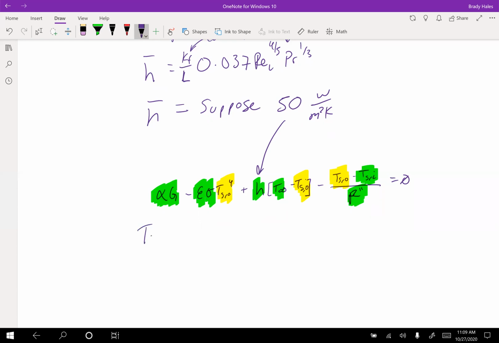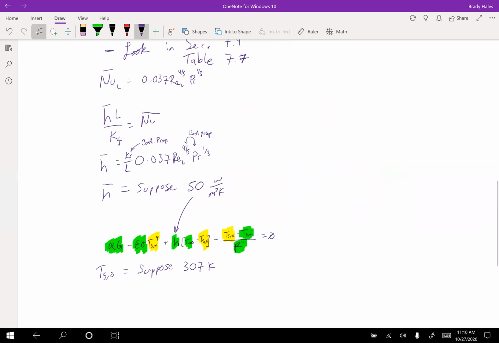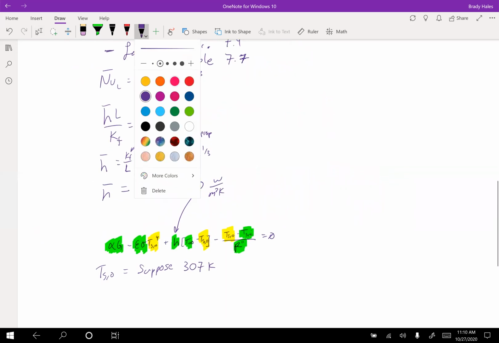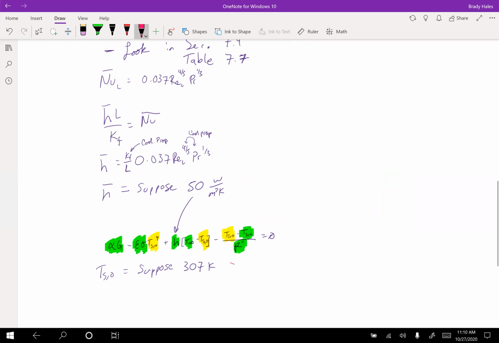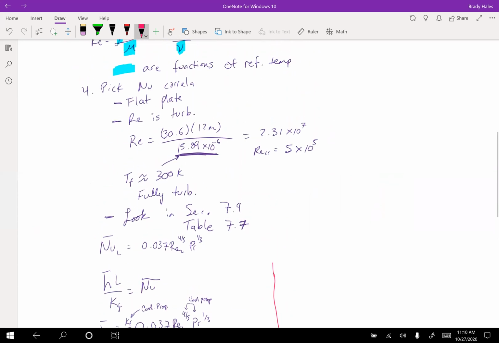So you're going to get T_s, and let's say, suppose you get 307. What you want to do now, and we're going to change colors here to indicate we're going to a second iteration, is come all the way up to the film temperature, sorry, not to the Reynolds.